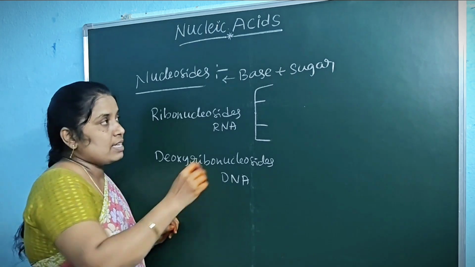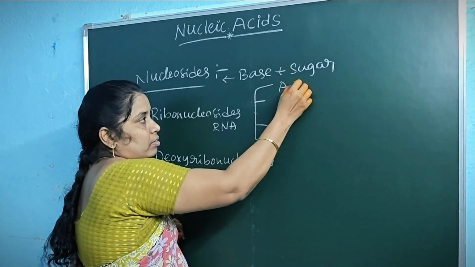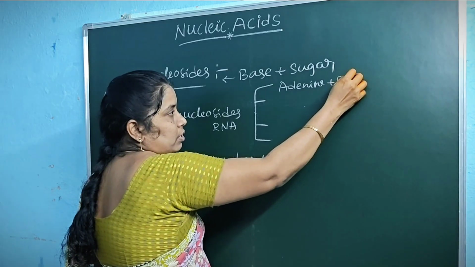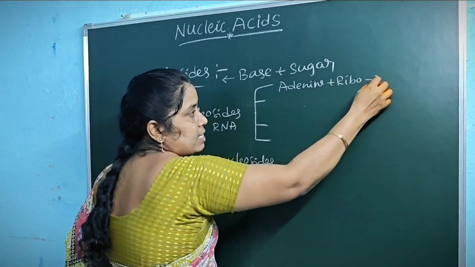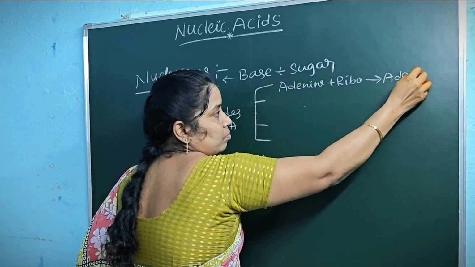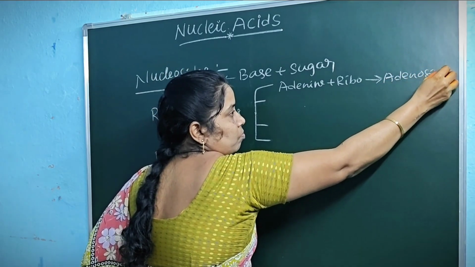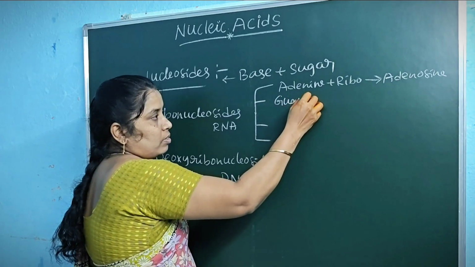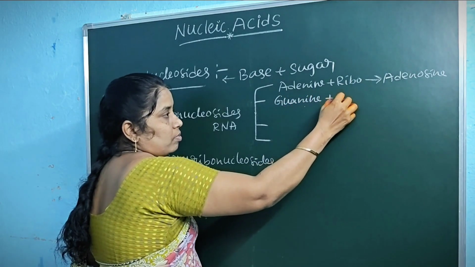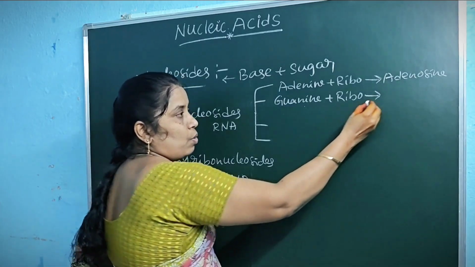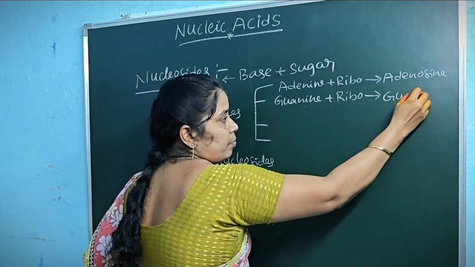If the base is adenine plus ribose sugar, that nucleoside is called adenosine. If the base is guanine and the sugar is ribose sugar, then it is called guanosine.